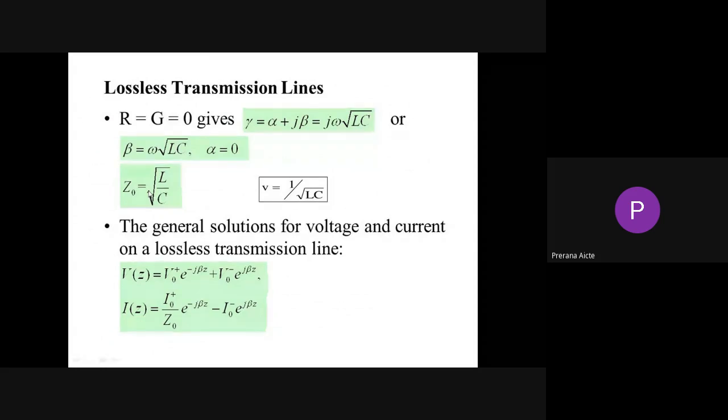And note down these points. So while doing the problems, you can use these formulas.